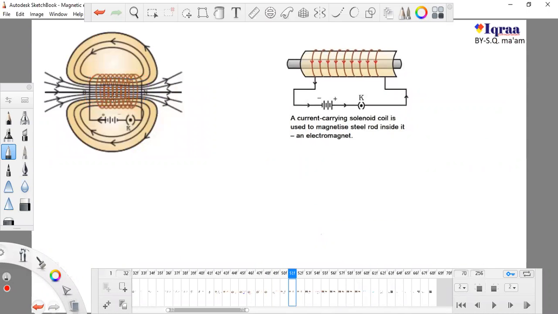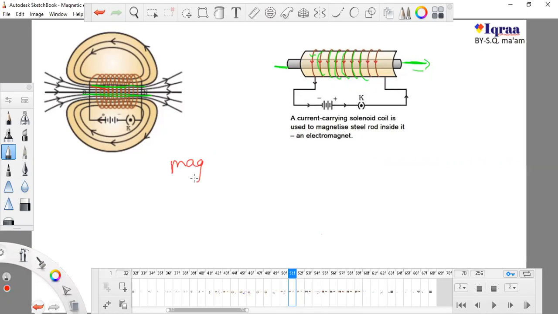In this coil you can insert any other metal. You can see these are copper coils. This was our solenoid, and you can see a soft iron rod is inserted. So you can magnetize.